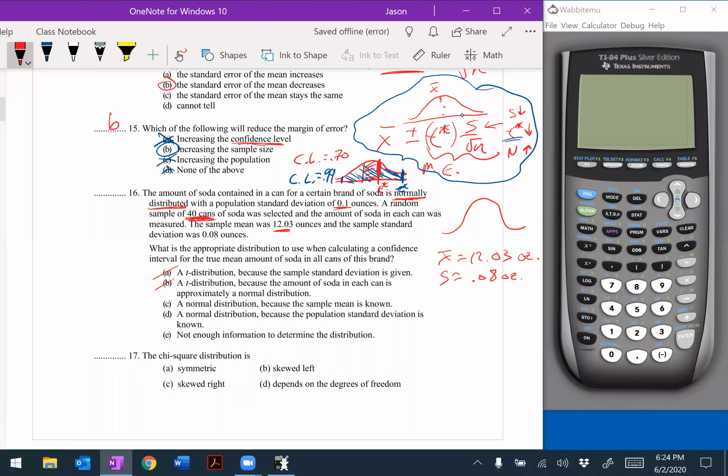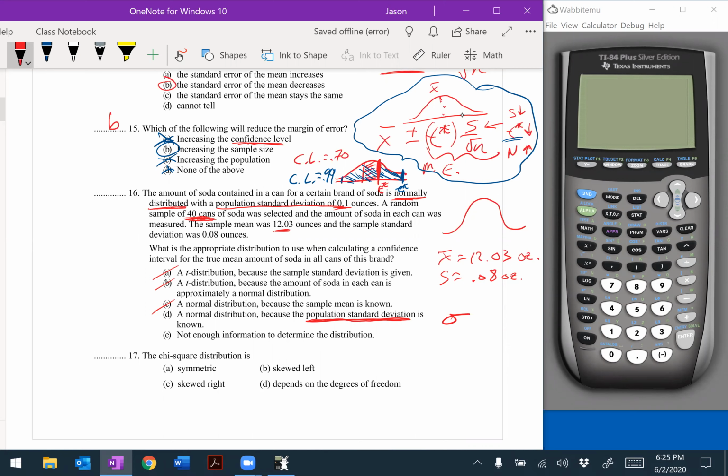It says a normal distribution because the sample mean is known. No, that's not true. It's a normal distribution because the population standard deviation is known. Yes, that is true. The only way that you can get the population standard deviation, what we call sigma, is to know what the population is.